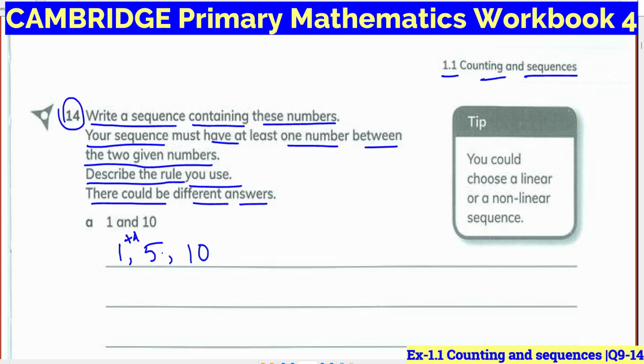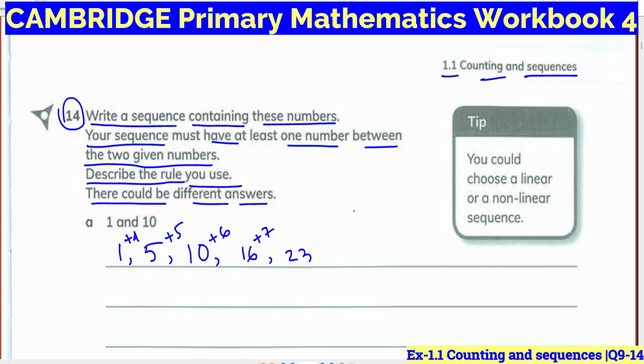And next one, 5 plus 5, it becomes 10. Same thing, next one, it will be plus 6. Here will be 16. Next will be add 7, so 23. It's a non-linear sequence.